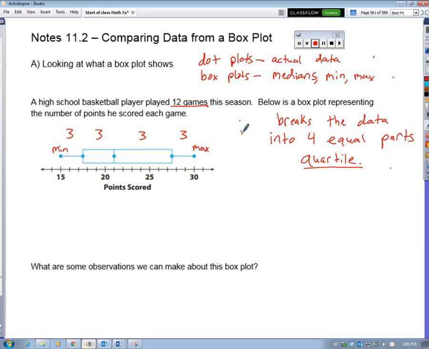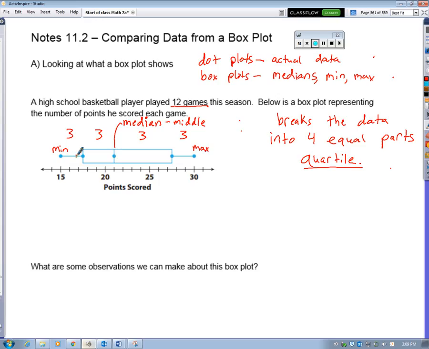And now let's take a look at what those different things are. So this middle one here is the exact median. Remember, we calculated that. We lined the data up from smallest to biggest in a couple other lessons ago and found the number in the middle. So that's what this shows in the box plot right there, the median. And then we have the minimum and we have the maximum.